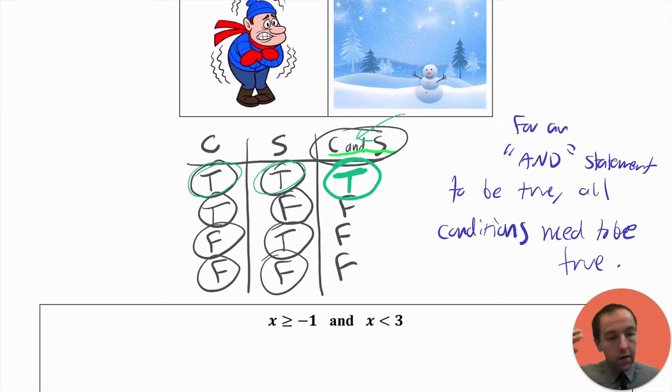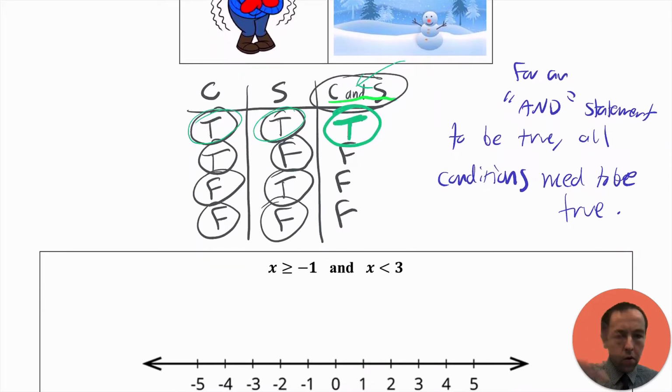You need all of those conditions to have that same truth value of trueness for that "and" statement to ultimately be true. So "and" means like both or all.